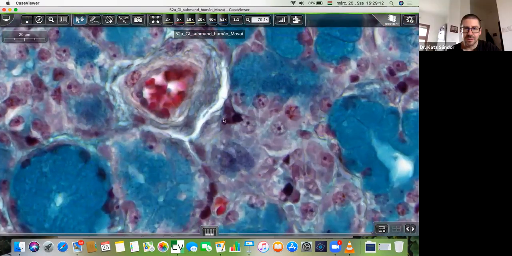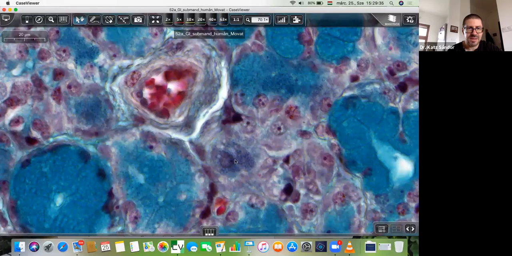Or purple color? These? Yeah. No, these are definitely not. It's impossible for them to be plasma cells because plasma cells are not secreting carbohydrates. So they are just part of the wall of a serous acinus. This is a serous acinus, and it belongs to it.